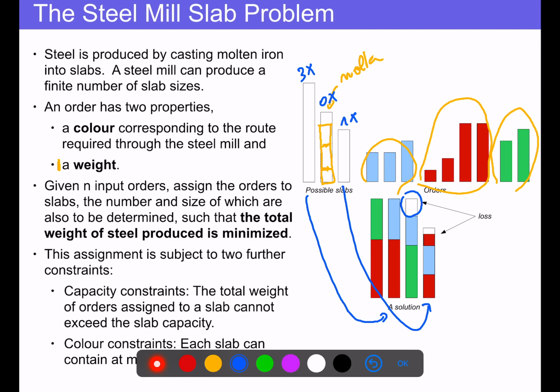Then you will cut the orders, and so this is a lost part. And the goal is to decide which slabs you will use, such that the way you assign the orders to the slabs will minimize the total loss. Okay? So that's the problem that you need to solve.